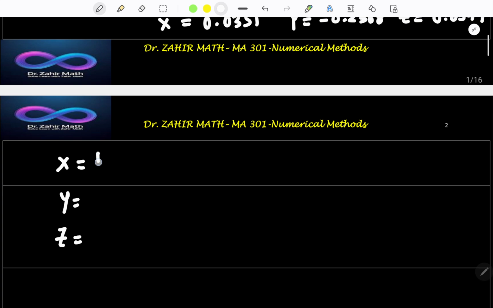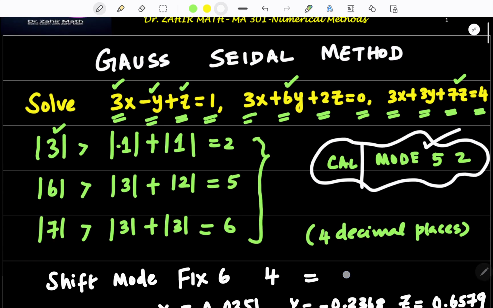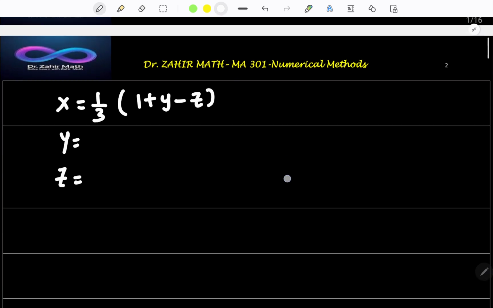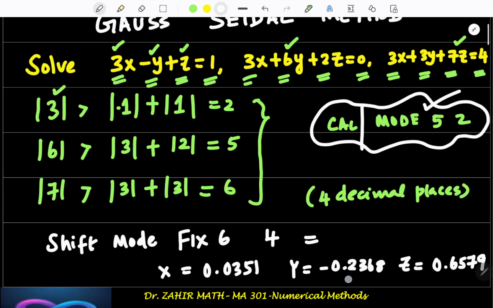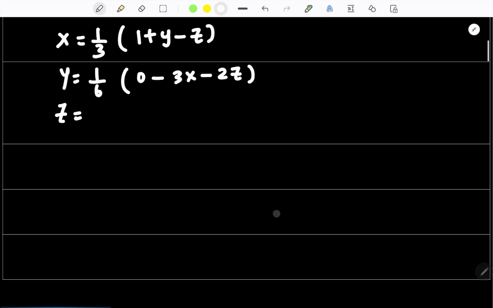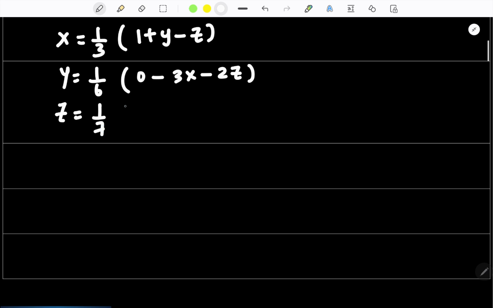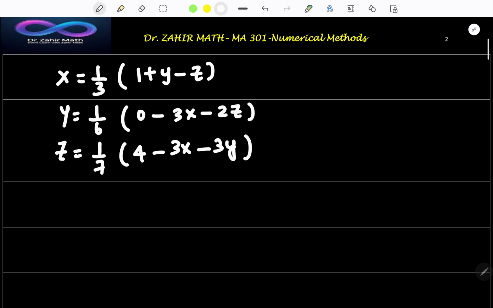So x equals 1 by 3 bracket open, 1 plus y minus z. In the y equation, there is a 0, I'll write 0 also, no problem. So y equals 1 by 6 bracket open, 0 minus 3x minus 2z. And z equals 1 over 7 bracket open, 4 minus 3x minus 3y. So I got x equals, y equals, z equals.